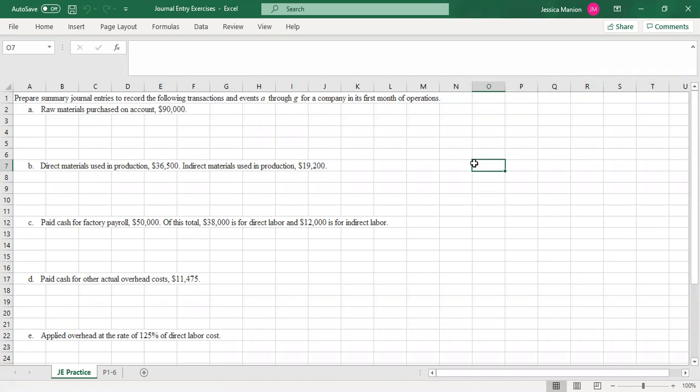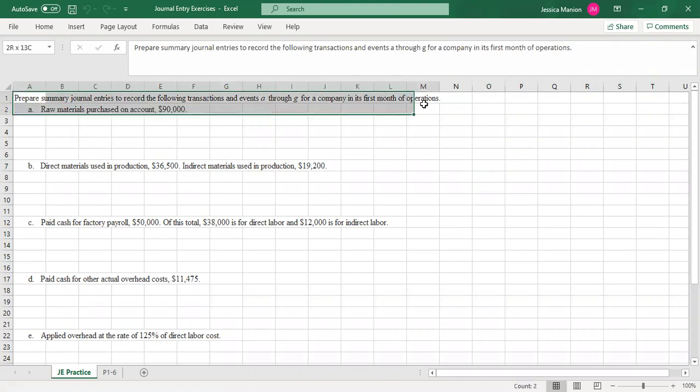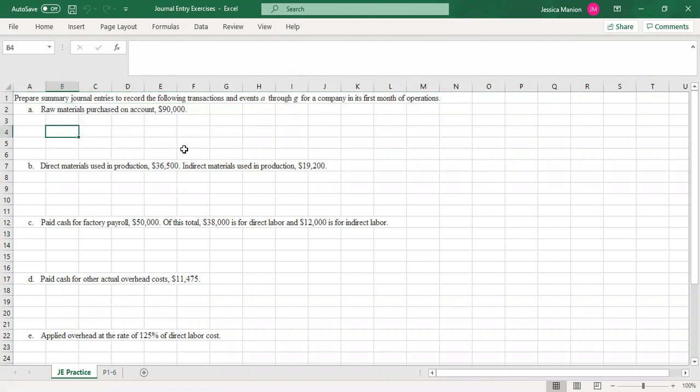So we are going to see these journal entries again interspersed throughout the chapters, but just so we get some practice going through all of them together now and see what these look like. So this problem, and this one's not out of your textbook, was from a different textbook that I had, but nonetheless, it gets us practice with these cost accounting entries.